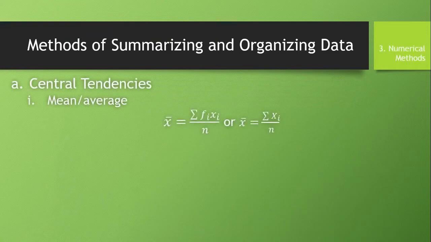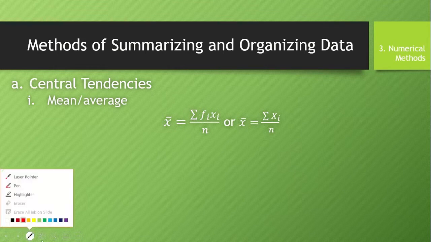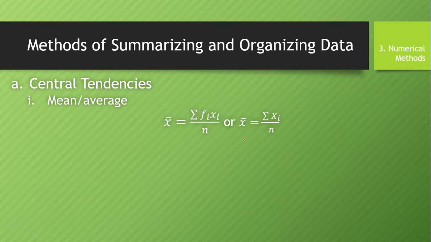For the first measure of central tendency, we have the mean, or the average of all the data. There are again two ways. One is using the summation of all the frequencies multiplied by the class marks divided by the sample size, or you can use the summation of all the values divided by the sample size.